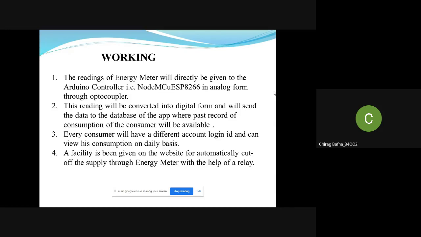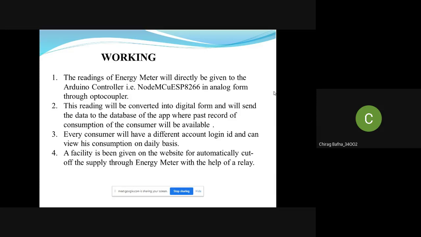And when the LED in the optocoupler blinks, the phototransistor will activate, and it's connected to the NodeMCU, just like the electricity bill of the consumer, the number of units consumed by the consumer, and the last date of bill payment. From this we can directly cut out the supply of the consumer if they do not pay the bill.